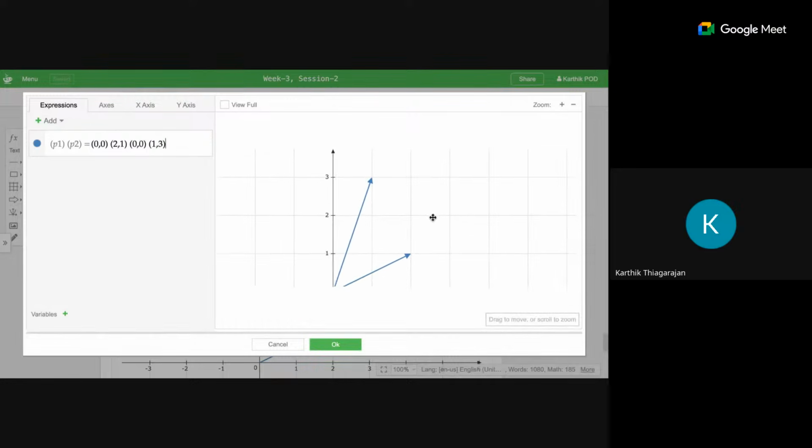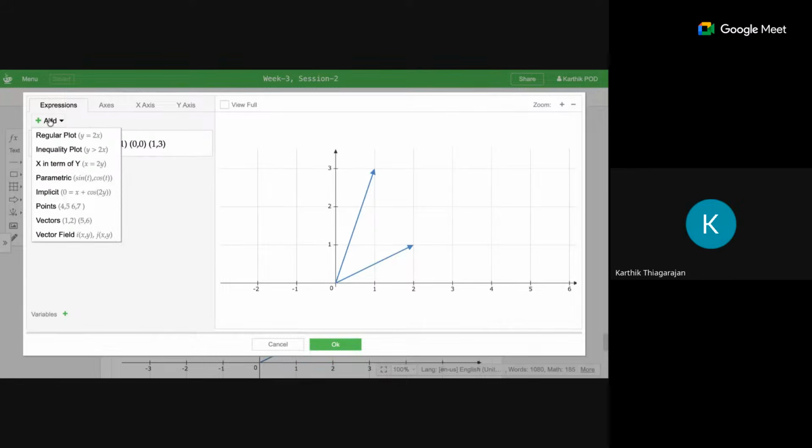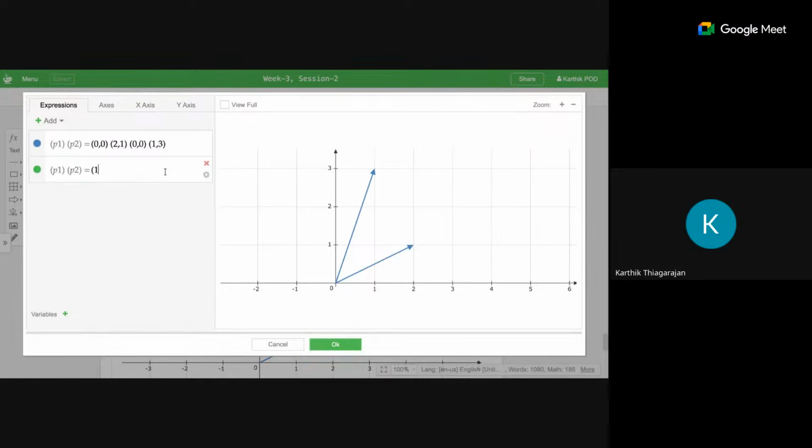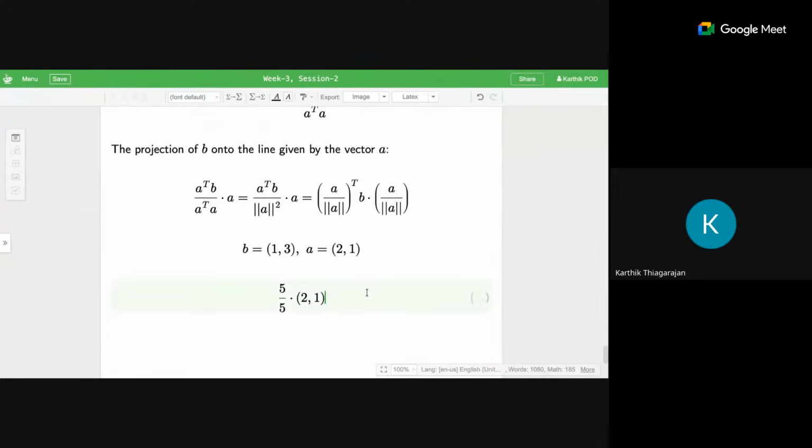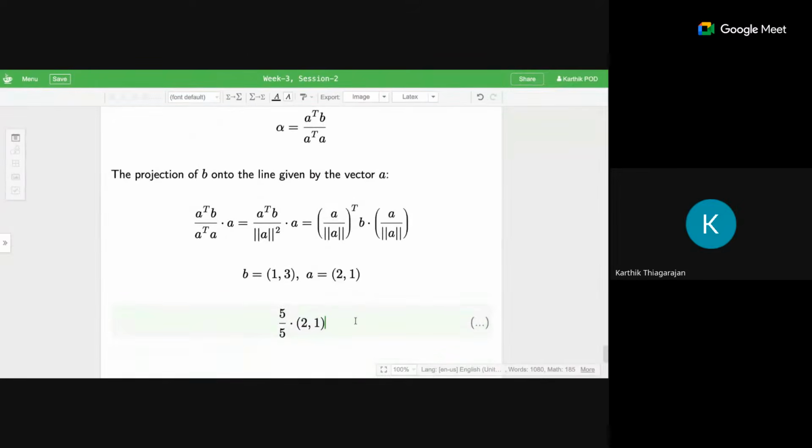So what you have to now draw is a vector starting from (2, 1) and ending at (1, 3). You see that this is perpendicular, that's what we had. Anyway, we were lucky to have alpha equal to 1 here, but that's the projection.